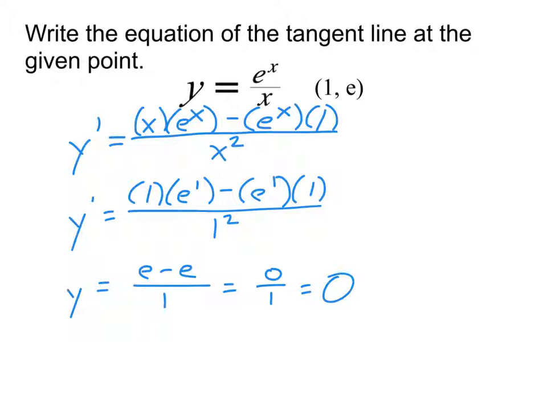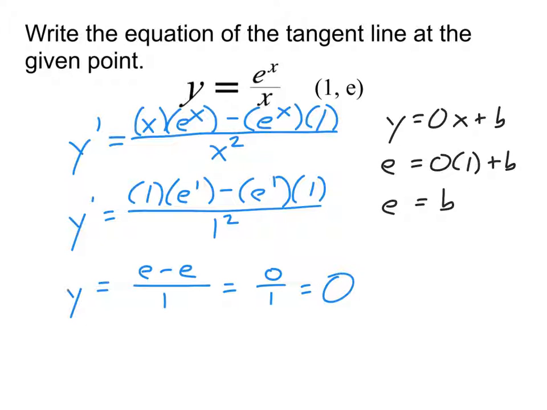But if you don't remember that fast way, of course, you could go ahead and write it out the long way. y equals 0x plus b. And plug in our coordinates for our point and figure out what b is. And you should find that b equals e. So b equals that constant value e that was in there from the start.